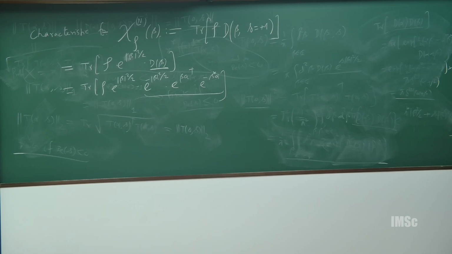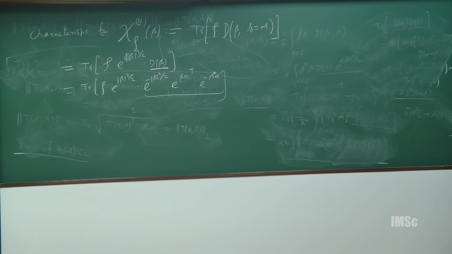Now you will have to use it appropriately. Your a plus b: a you choose as beta a dagger, and b you choose as minus beta star a, because your D of beta is the exponential of beta a dagger minus beta star a.